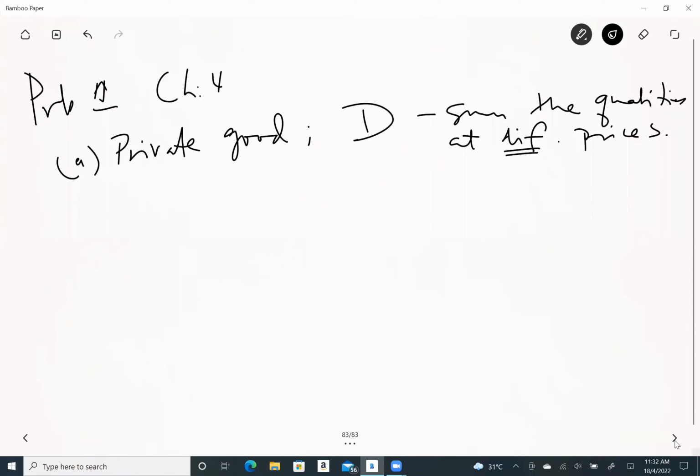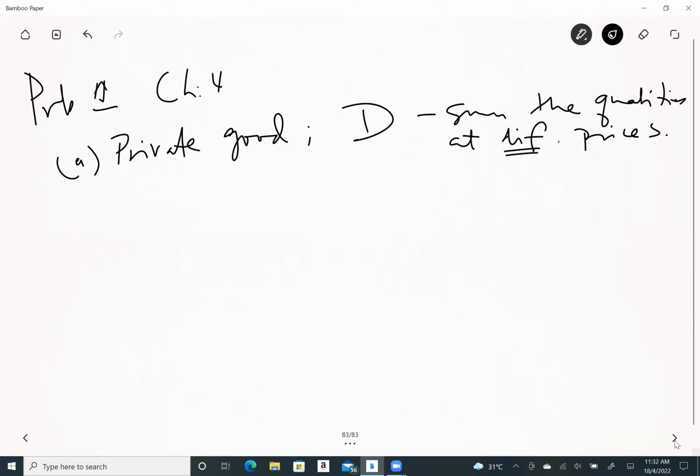So for each of the prices given in the table, you add up the quantity for each of the persons we have here. So you have 4 consumers, Alice, Ben, Caroline, and John. And you have the marginal benefit.